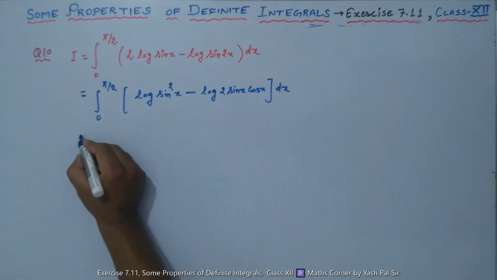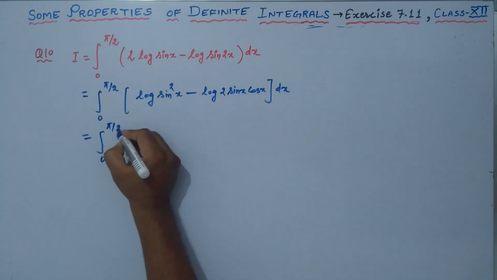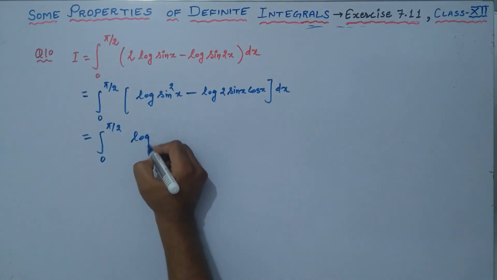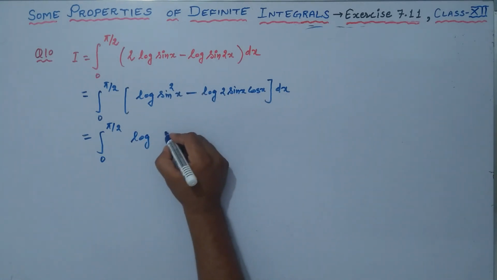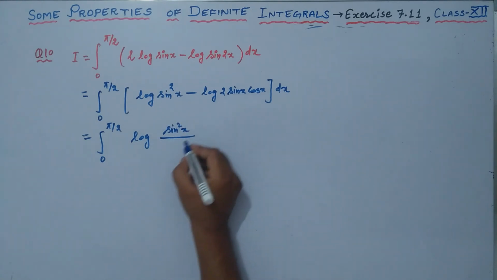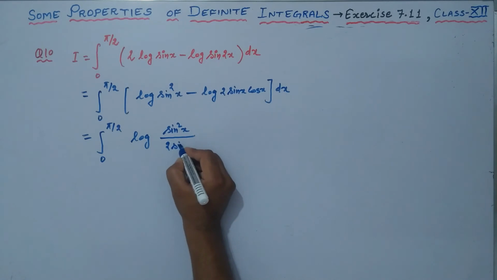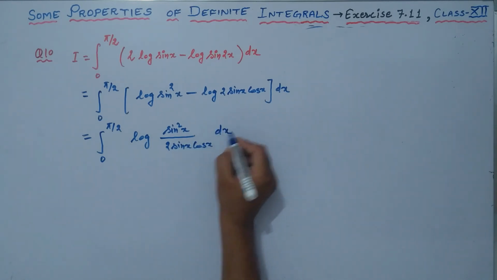So what we can do now, this is equal to integral 0 to pi by 2 of log m minus log n, which means log m upon n, sin square x upon 2 sin x into cos x dx.